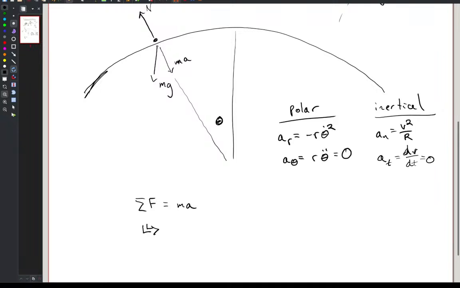Yeah. Okay. Why is this one zero? What's theta double dot? Theta dot is what you're changing to. Oh, so that's what it is. So it's zero because there's a constant velocity.